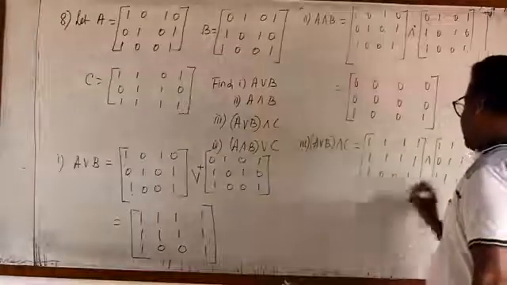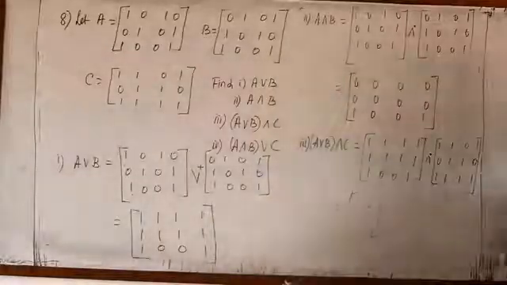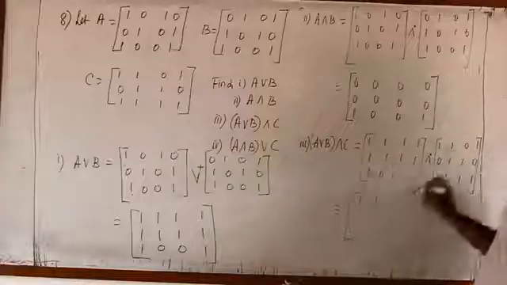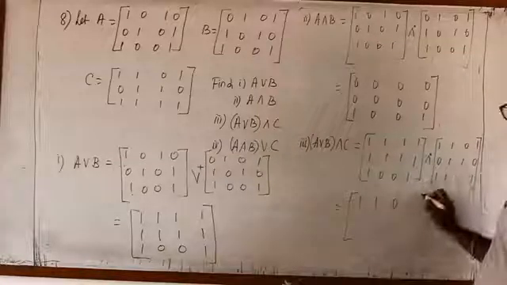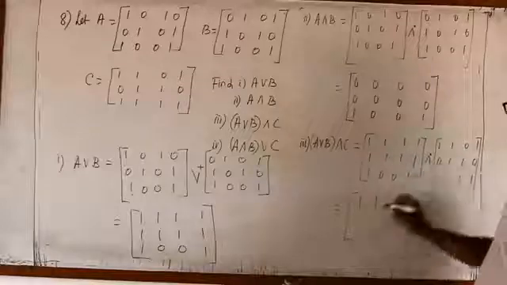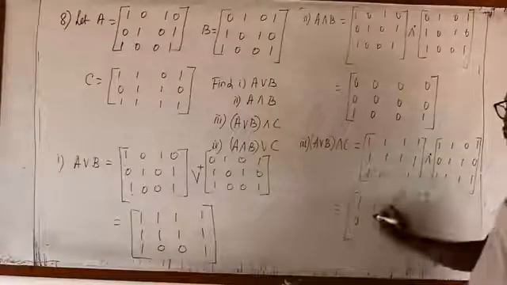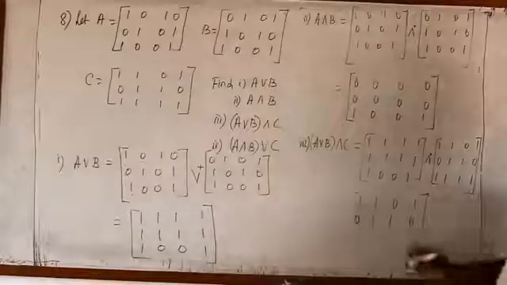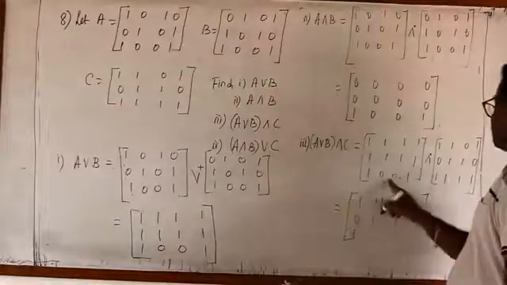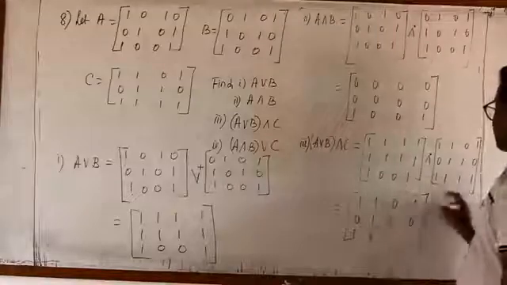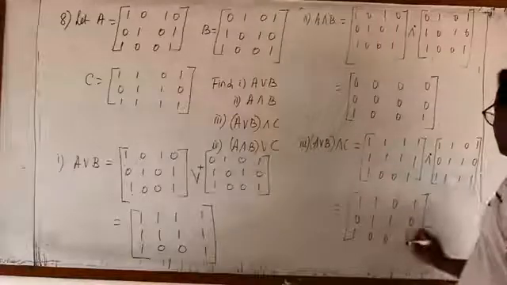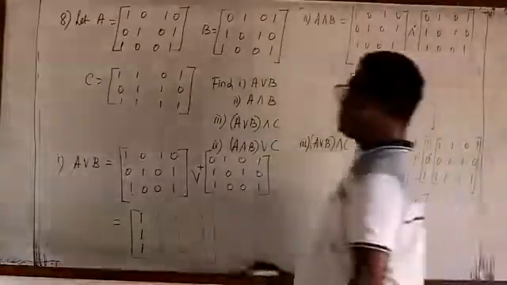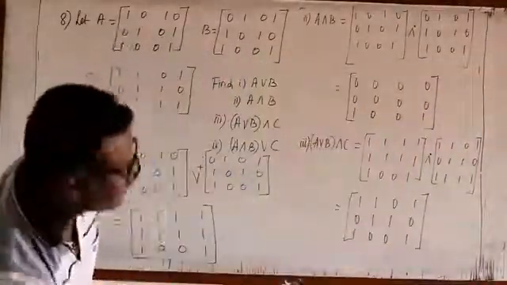We know conjunction means we have to multiply only the positions: 1 into 1 is 1, 1 into 1 is 1, 1 into 0 is 0, 1 into 1 is 1, and so on. So this is the third one.